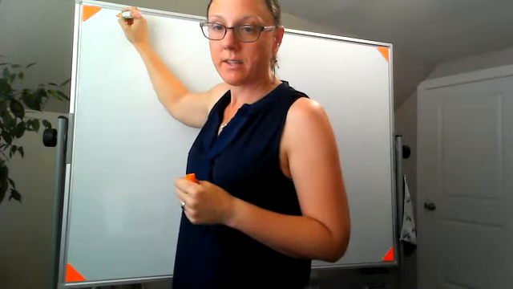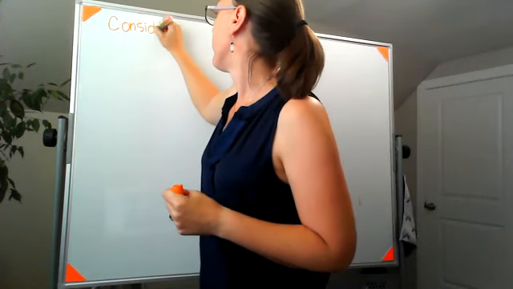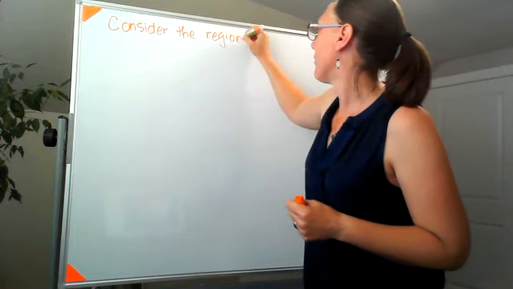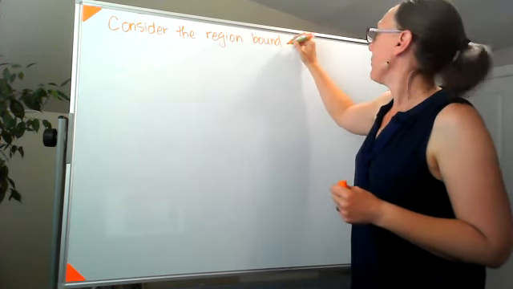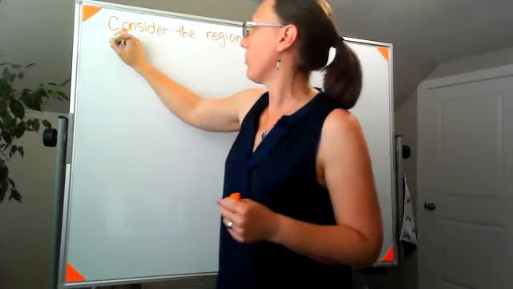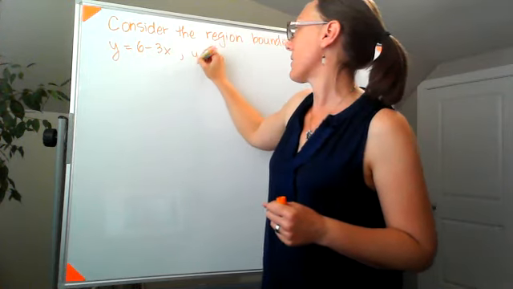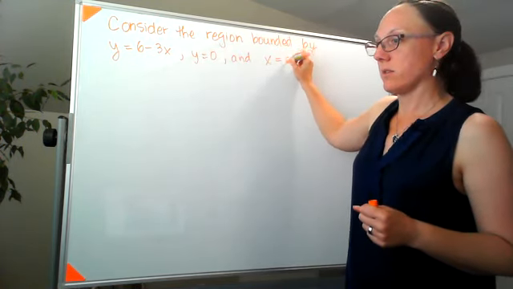So let's consider a region bounded by y equals 6 minus 3x, y equals 0, and x equals 0.